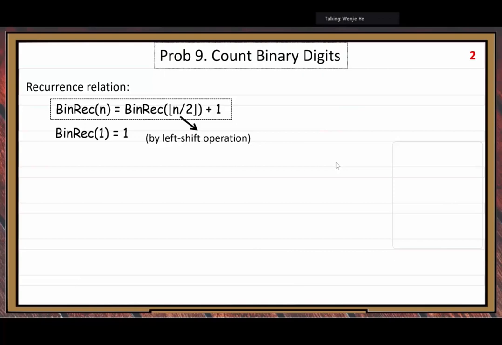Then when we do division by 2, the CPU does not really need to do the regular division, because regular division is very complicated. But division by 2 is very easy. It is just a shift operation.